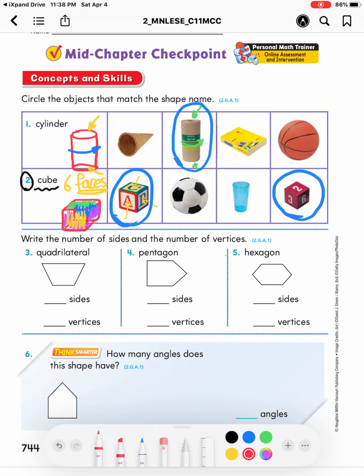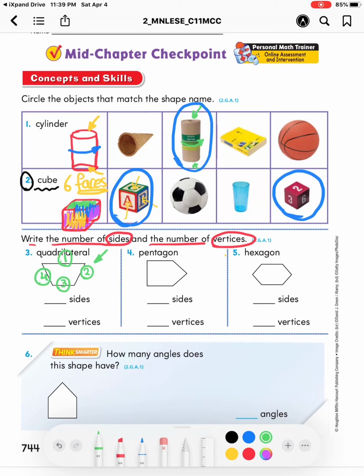The next question says, write the number of sides and the number of vertices. So here we are asked to do 2 things. The first thing is to count the number of sides and write the number, and to count the number of vertices and write the number. Now let's see the first shape, the quadrilateral, this shape. Okay, now let's count how many sides. 1, 2, 3, and 4.